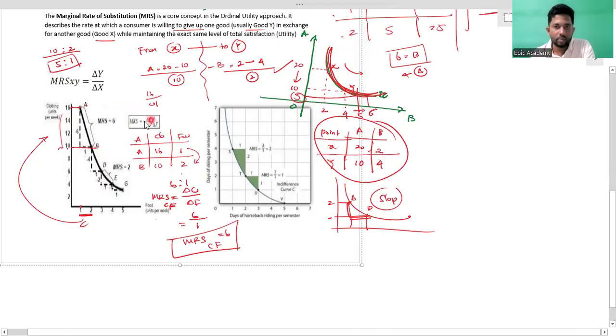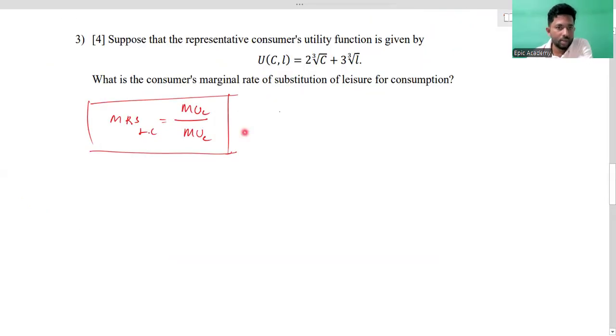And that is why I take it. Okay, so this is the equation. This is the methodology by which you can calculate the marginal rate of substitution for leisure.